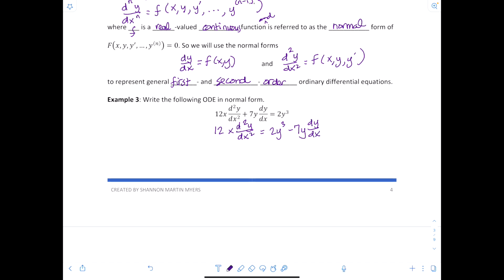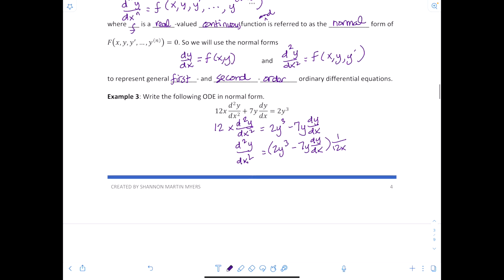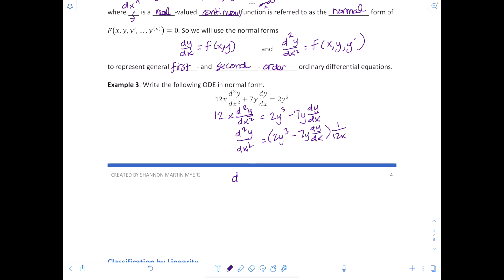Now we'll go ahead and isolate that second derivative with respect to x, and that's going to equal 2y cubed minus 7y dy dx, and then this will be multiplied by 1 over 12x. And I'll pretty this up a bit. This, of course, would be for non-zero x.